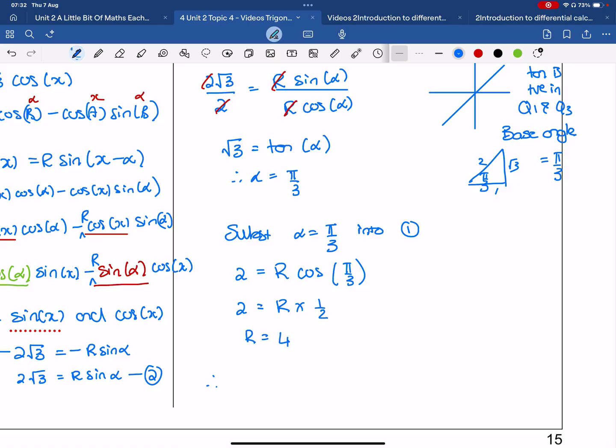So this is pretty cool because 2 sine of x minus 2 root 3 cos of x is actually equivalent to the function 4 sine of x minus pi on 3. Now pause this video, type it into your calculator, make sure you're in radian mode, but prove to yourself that those two functions are exactly the same function. All right.